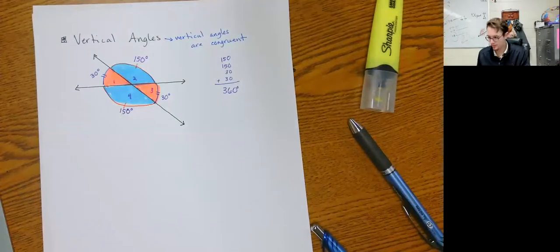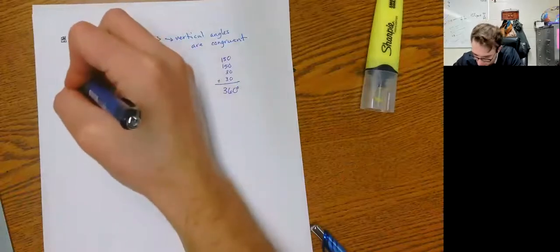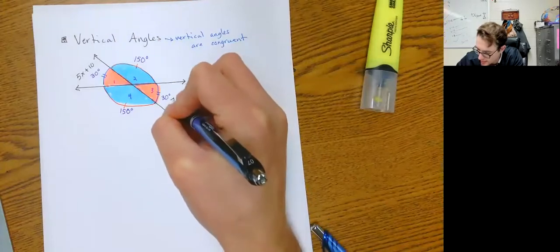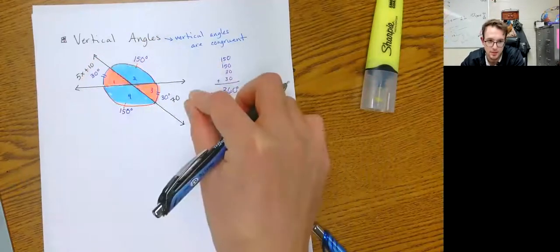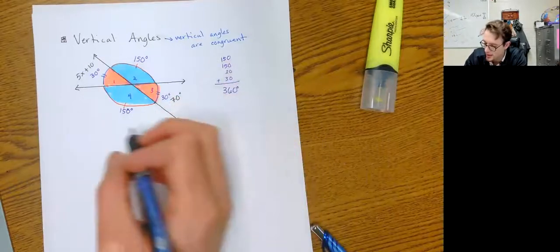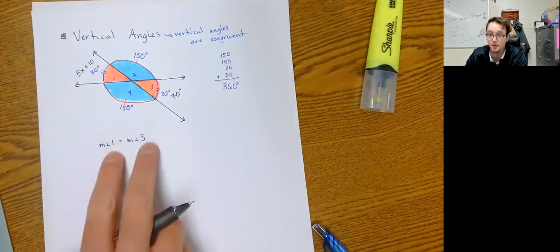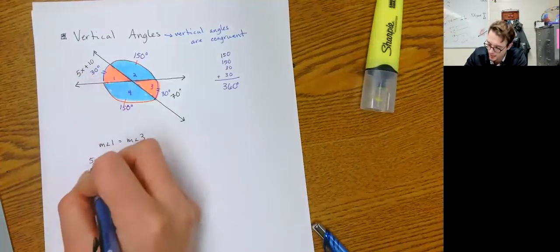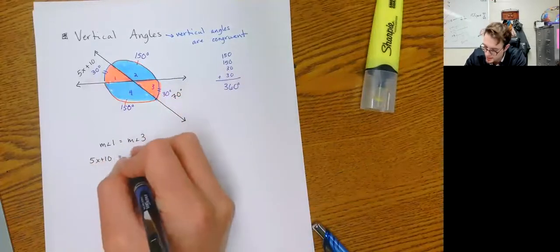That's really important information. So you can also set up an equation. What if I know that this angle over here is 5x plus 10 and this angle over here is 70? Well, this angle is equal to this angle because they're vertical. So if I know the measure of angle 1 equals the measure of angle 3, because they're vertical, then I can use substitution: angle 1 is 5x plus 10, and the measure of angle 3 is 70 degrees.